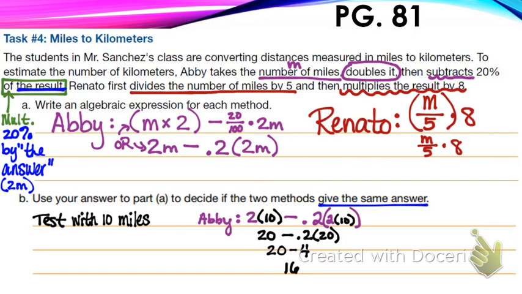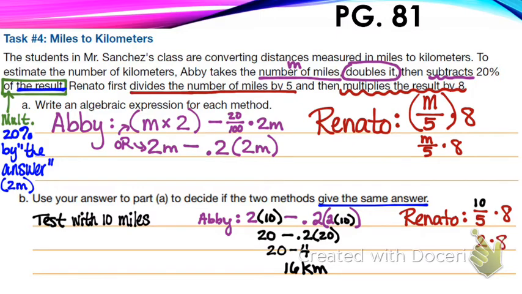If Renato's method is equivalent, we'll get the same answer. So let's try Renato's way of doing it, but with 10 miles. First, we would take the number of miles and do what to it? Divide it by 5. And then after that, we'll multiply by 8. What is 10 divided by 5?